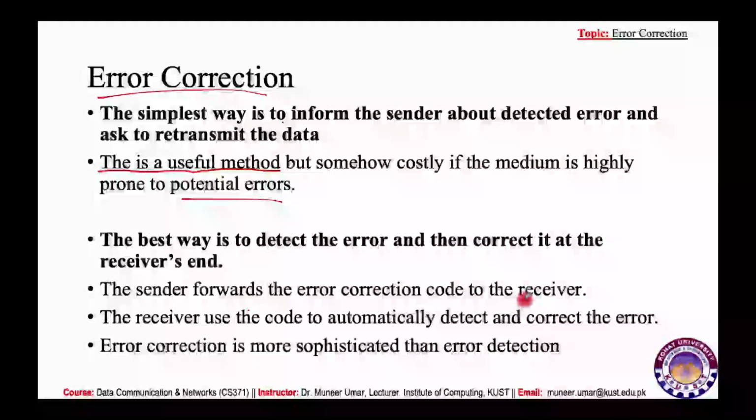In the same manner, for error correction some additional bits or data are appended to the original data and transmitted to the receiver. The receiver uses that additional data or code to automatically detect and correct the error. This type of error correction is more sophisticated than asking the sender for retransmission of data.